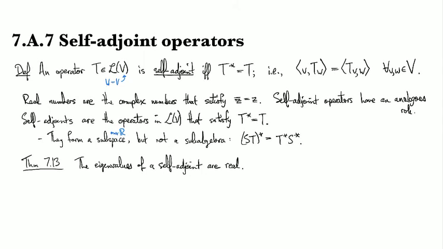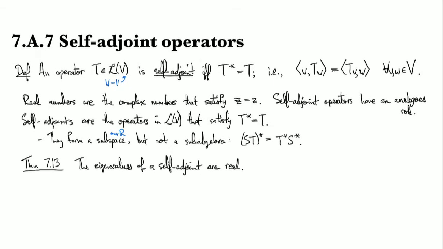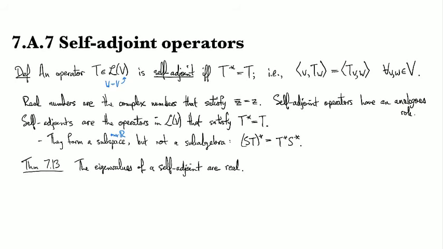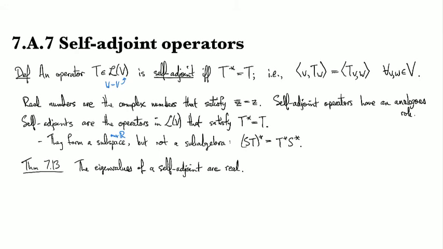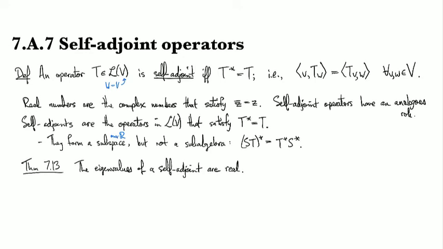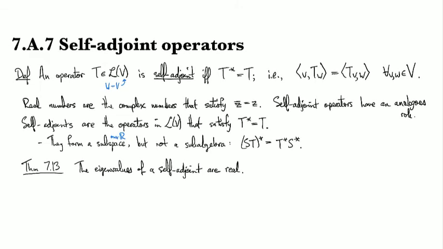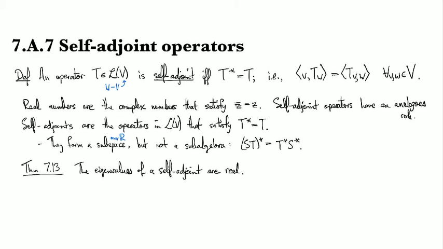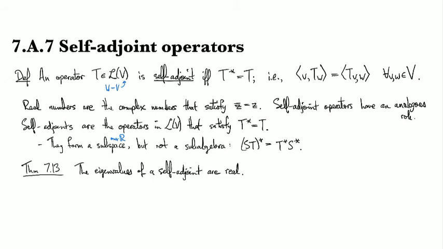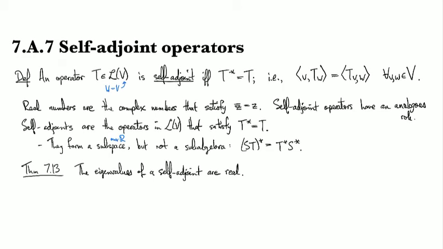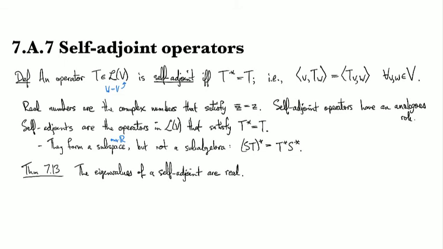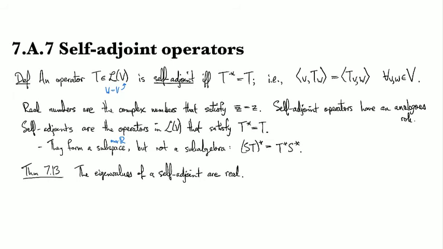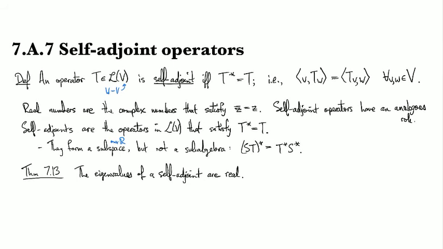So remember what I said earlier, the eigenvalues are sort of like the number version of an operator, the numerical fingerprint of an operator. By the way, there is a whole long storied tradition in mathematics of building analogies between number systems and corresponding operators. So this role of the real numbers within the complexes is reflected in the role between the self-adjoint operators and the full collection of operators.